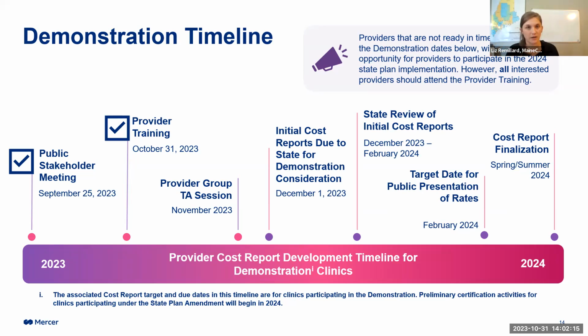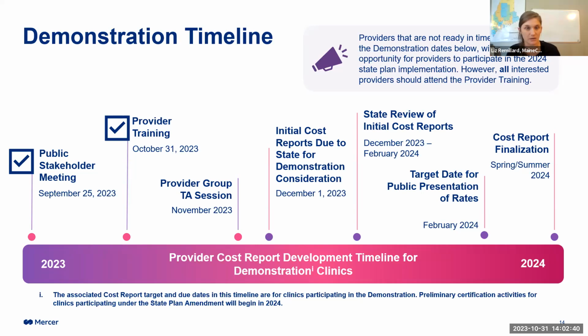If you're an interested provider who wants to be considered to participate in the demonstration with us, the December 1st timeline is the first deadline in our cost reporting timeline. It is for organizations that have an interest in being considered for the demonstration. It is not necessarily for everybody.